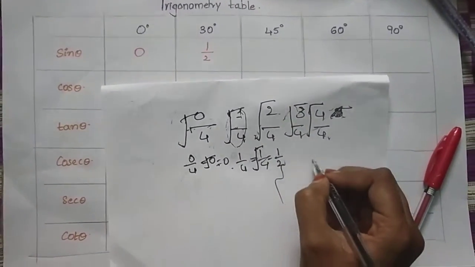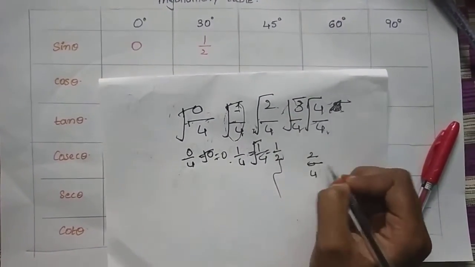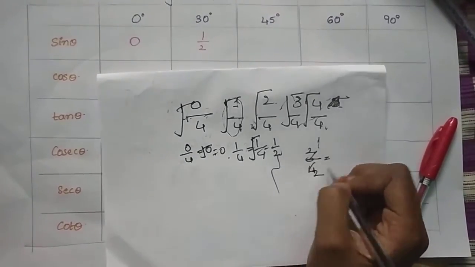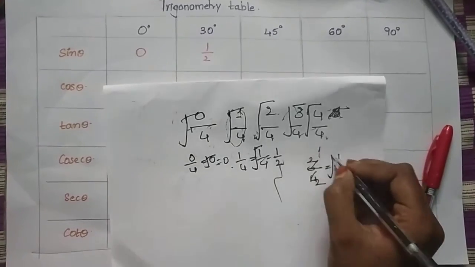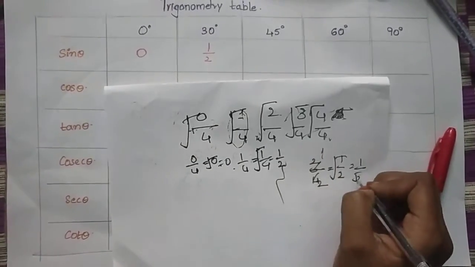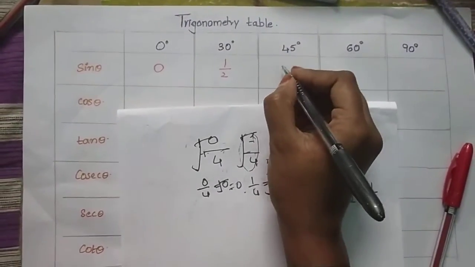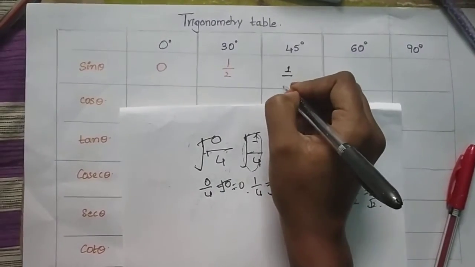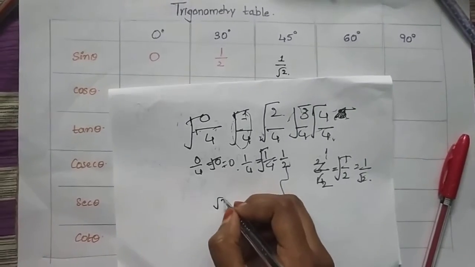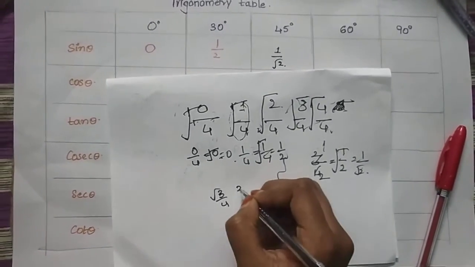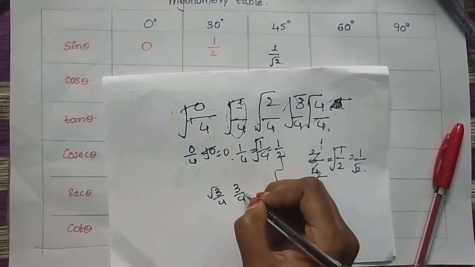Next, 2 by 4 will be equal to 1 by 2. On applying root to it will give us 1 by root 2. So here 1 by root 2. Root 3 by 4. 3 by 4 will not get divided.